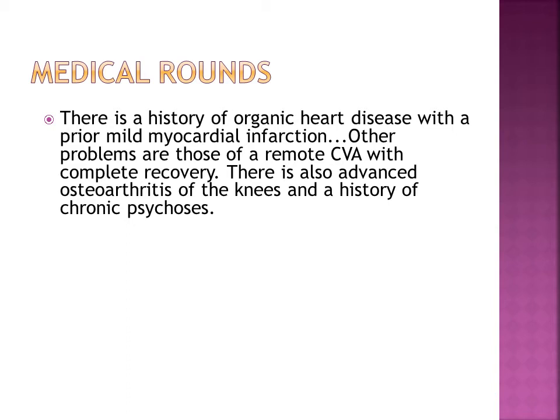Would you be likely to see this patient running a marathon? Why? Why not? The patient has osteoarthritis of the knees and so is not likely to be able to run without pain. This patient's behavior may be abnormal at times.